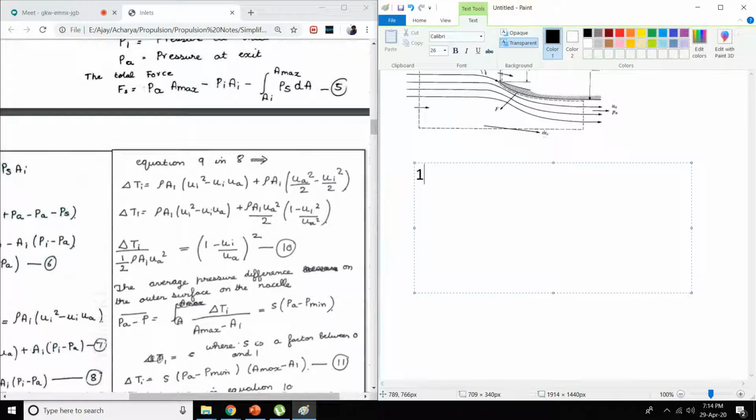I'll take half rho Ai, and Ai and A1 are one and the same, so Ai is completely common out. So you take everything out.